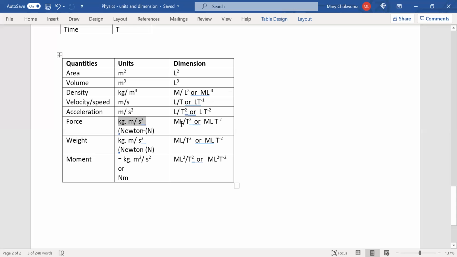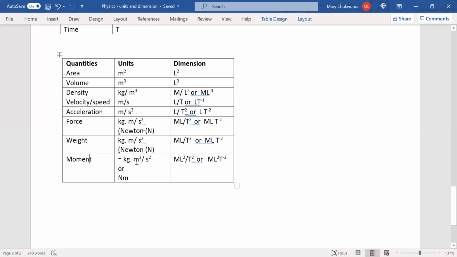Okay, so you have it as mass, length per time squared. Okay, you can also express it in linear form. So weight is the same as force, as explained above. The only difference is that the acceleration in the case of weight is a constant, acceleration due to gravity.